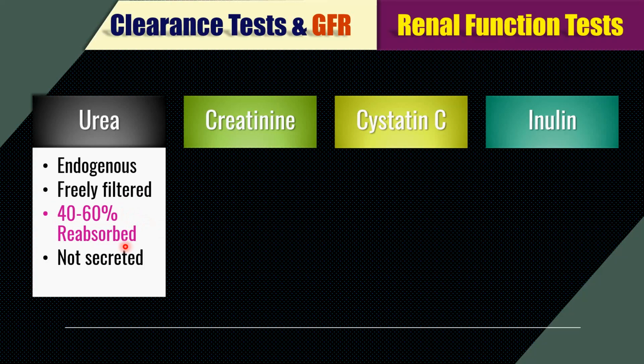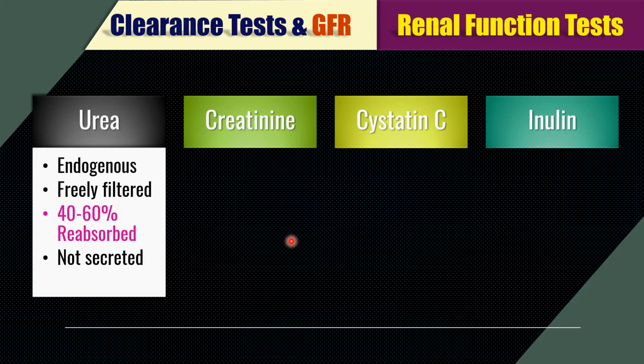Another condition it satisfies is that tubular cells will never secrete urea. So the urea clearance test is not satisfying all the conditions as a good marker, because most of it is reabsorbed from the tubular lumen into the tubular cells, then on to the capillaries.